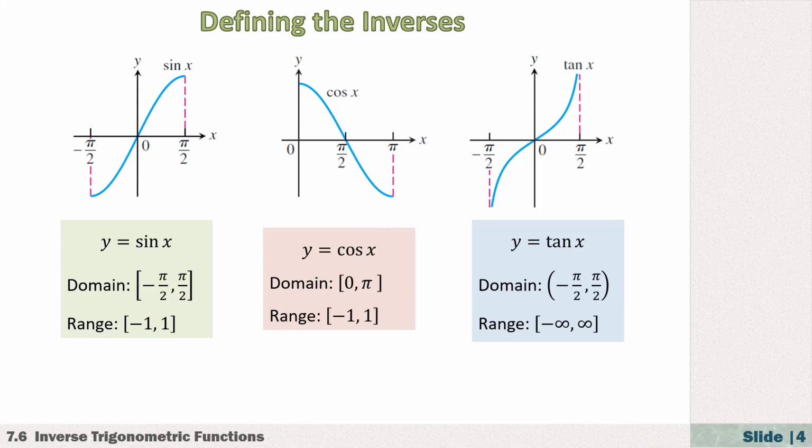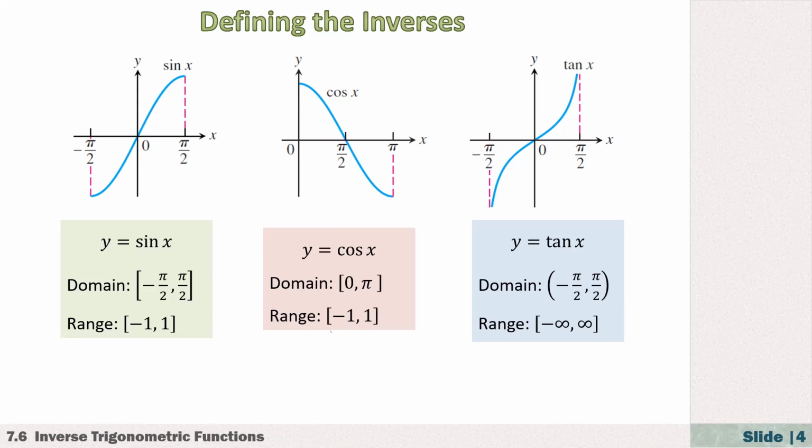So that's why we can define the inverse of cosine over this interval, because over 0 to pi, the range of the cosine function is from minus 1 to 1 inclusive, so it assumes all the values from negative 1 to 1.